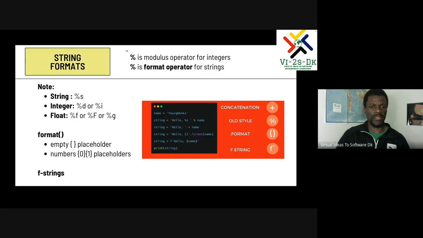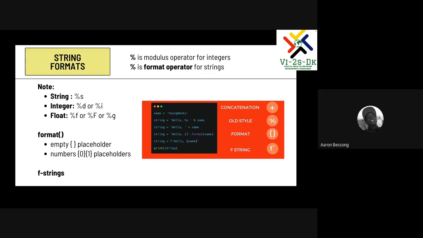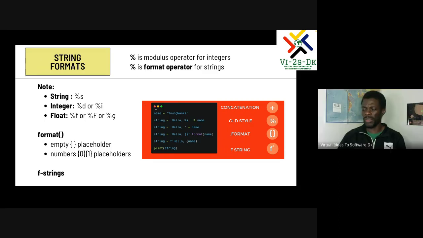But with strings, that percentage sign is a format operator. So it's used for formatting the string, especially when it's time for you to print an output to the console. So in this case, we created a variable called name and we gave it a name, Young Wongs.